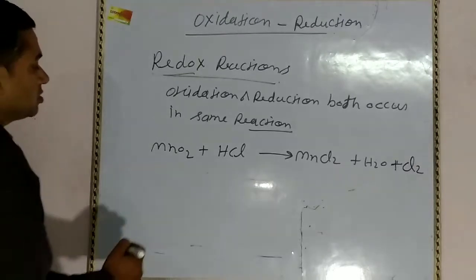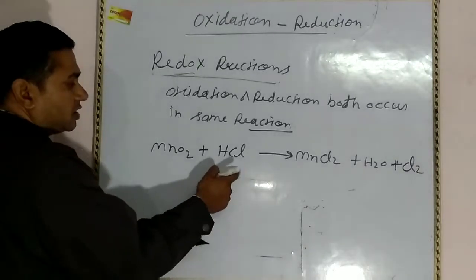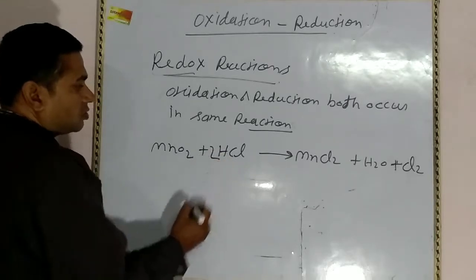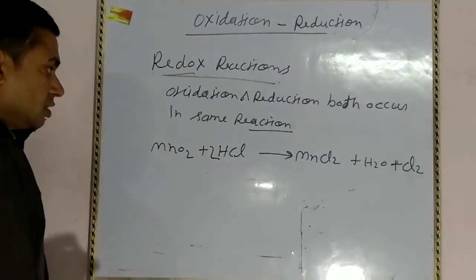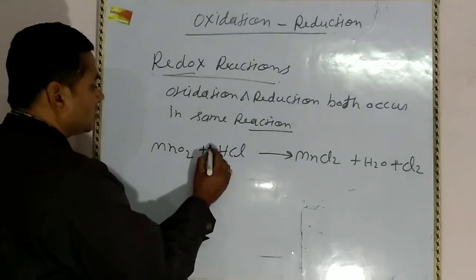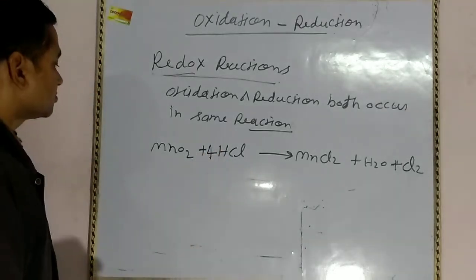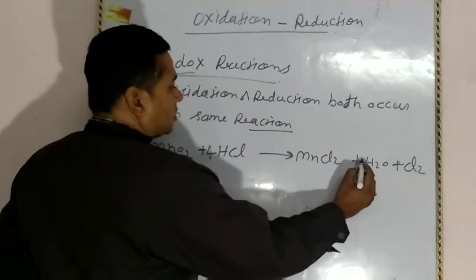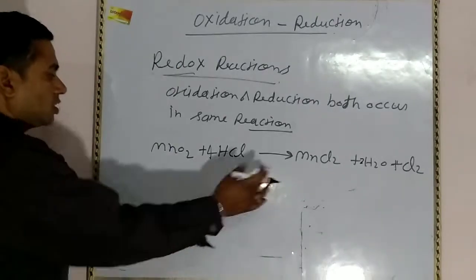This is manganese oxide. This is HCl. You can balance it, no problem. This is like 4, and here you can write 2. So now this is balanced.